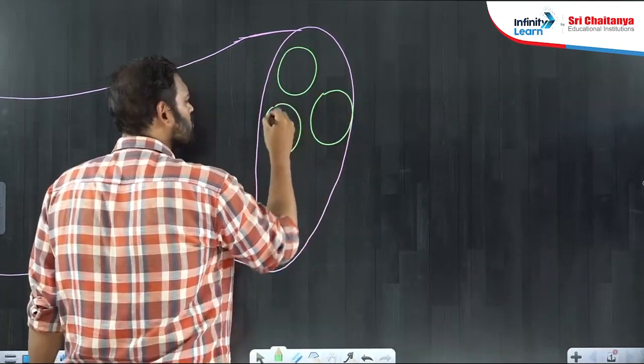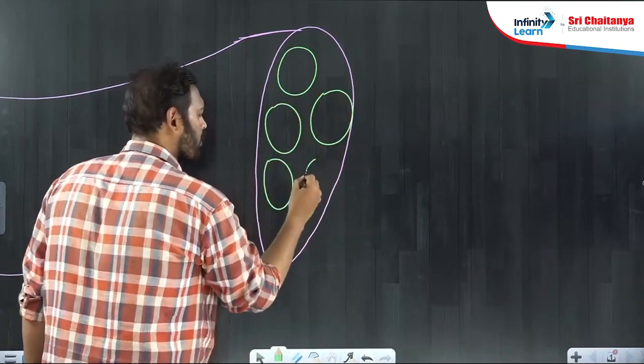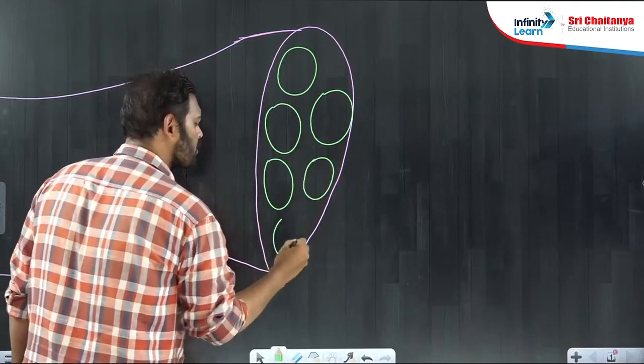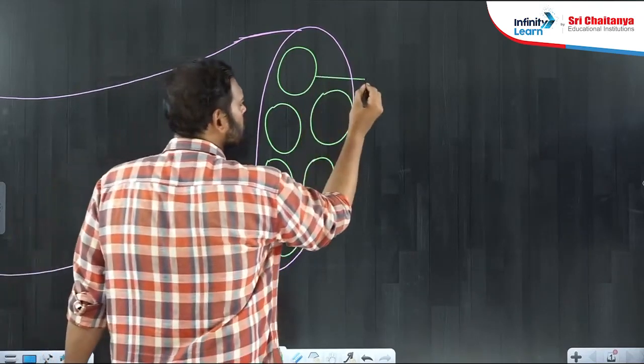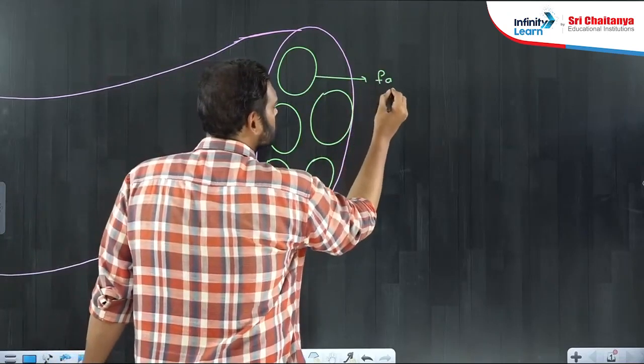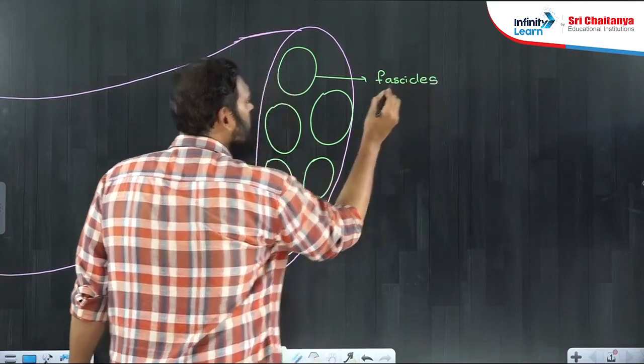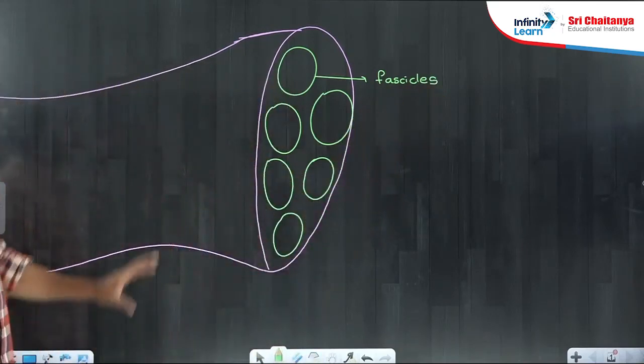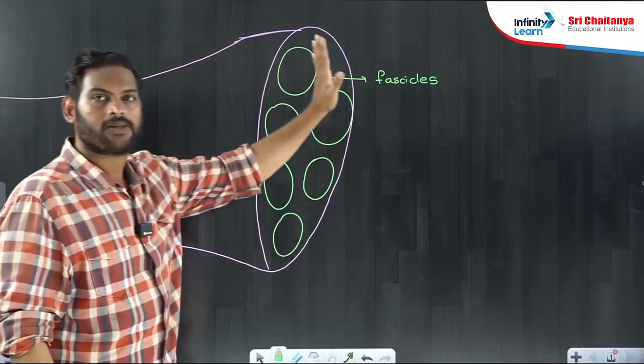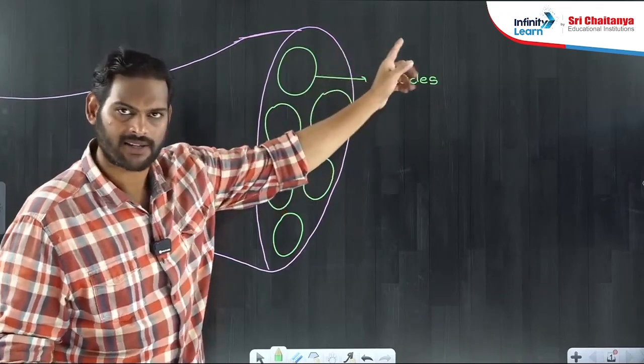These bundles of muscle fibers are called fascicles. There might be many fascicles. So muscle consists of muscle bundles called fascicles.